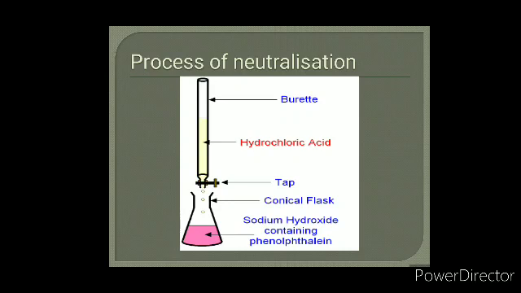That means it is the neutralization point, because in acid phenolphthalein will not change any color. Phenolphthalein will remain colorless. So when that colorless solution is formed, it means it is completely neutralized. The sodium hydroxide is completely neutralized by hydrochloric acid. So by this process we can do the activity of neutralization.